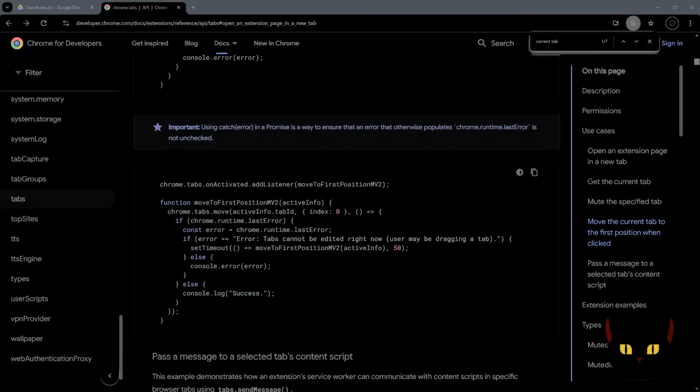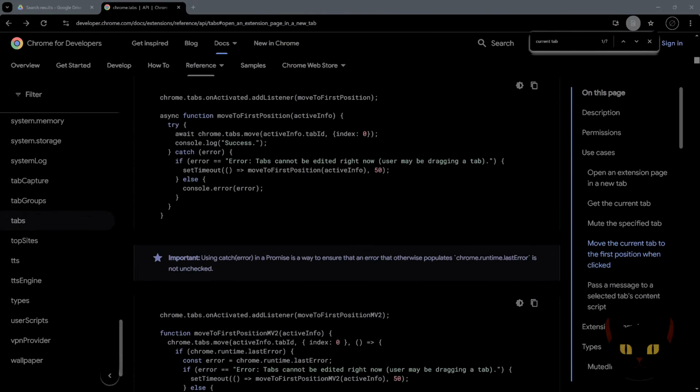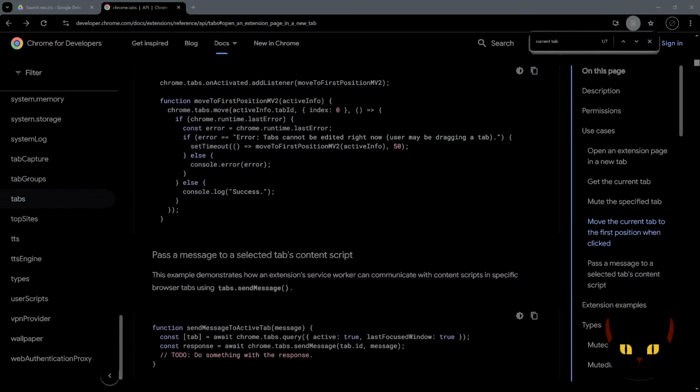That's version 2, which I guess doesn't have the catch flow keyword.